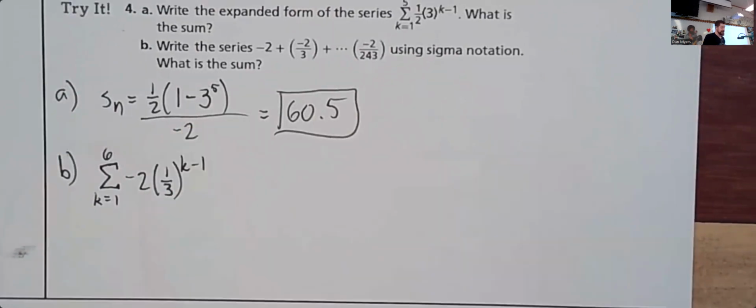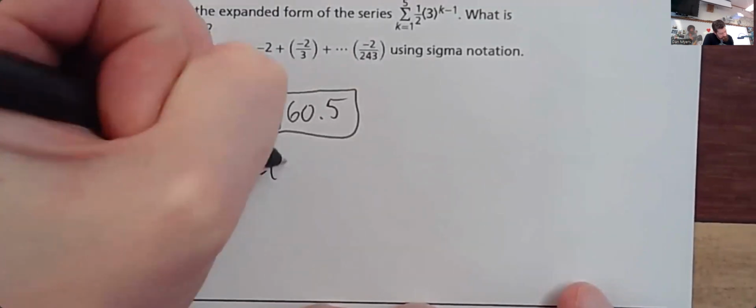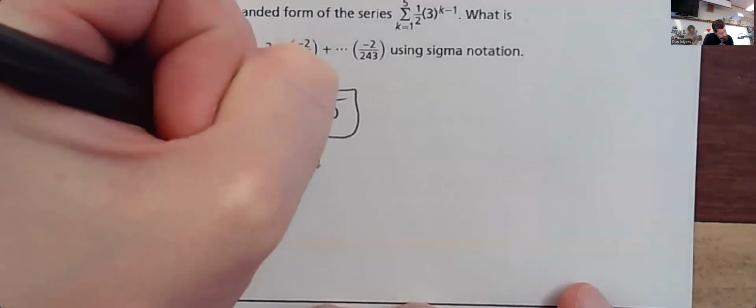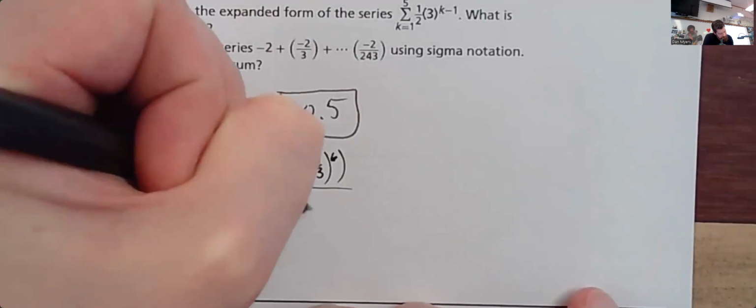This will be the last thing we do today. So let's go ahead and say equals. That'll be -2 times 1 minus 1/3 to the power of 6 over 1 minus 1/3.